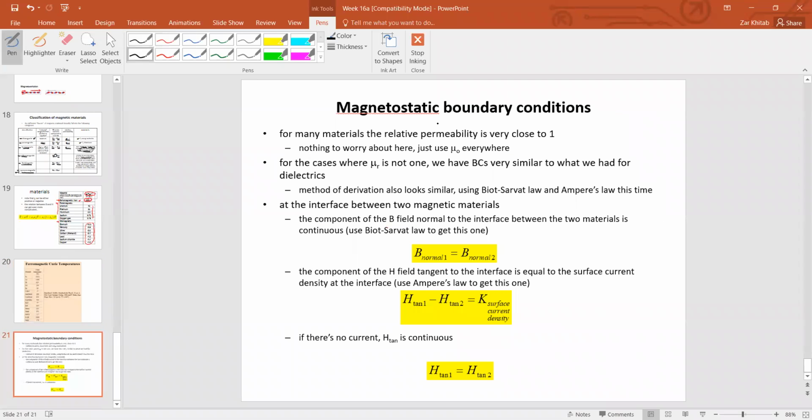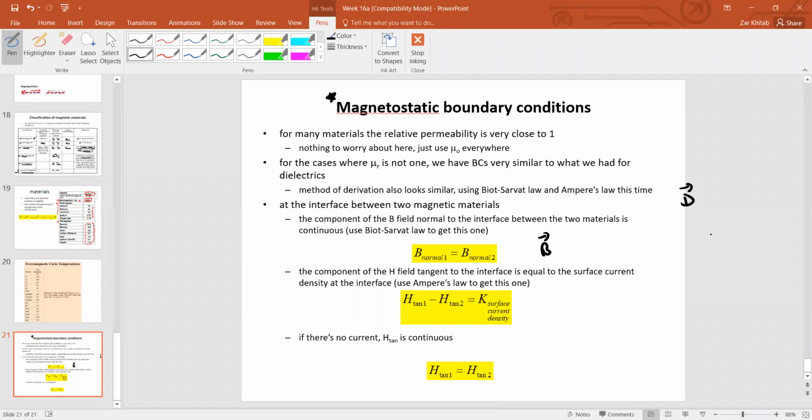There's one more topic, that is the magnetic boundary condition. We're not going to derive these boundary conditions, but just go through them. Remember, we saw D in electric fields, we have B in the magnetic fields. Okay.